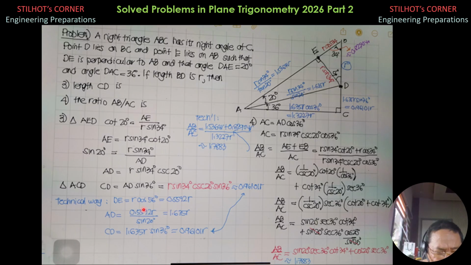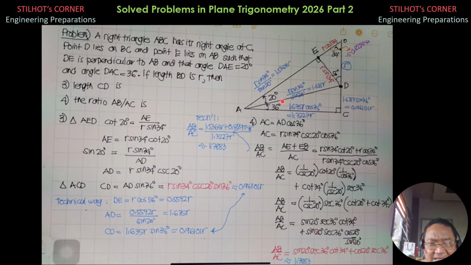So r cosine of 56 degrees rather is 0.5592 of r. Then AD, because this is opposite, you divide that by sine of 20 and you'll get 0.5592r over sine 20, 1.635 of r.